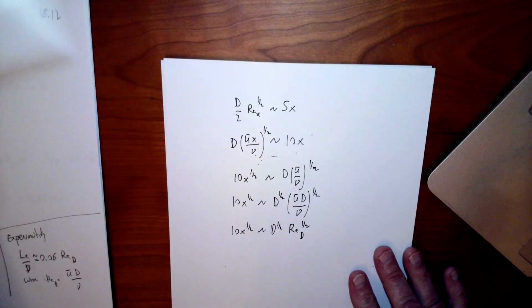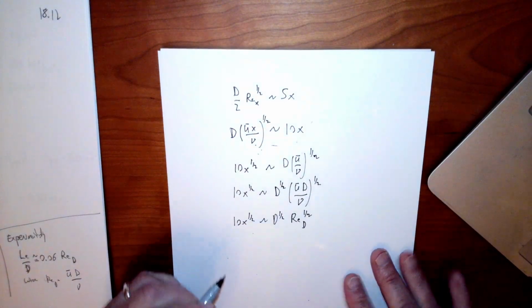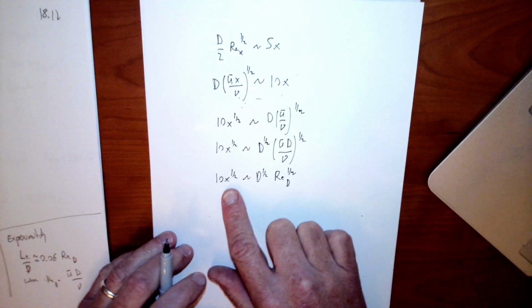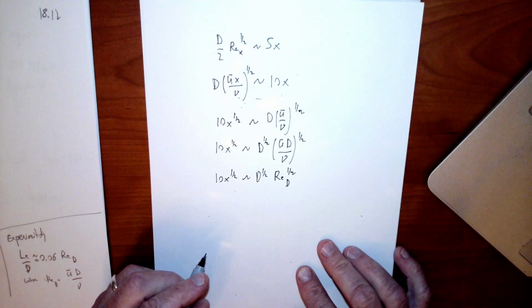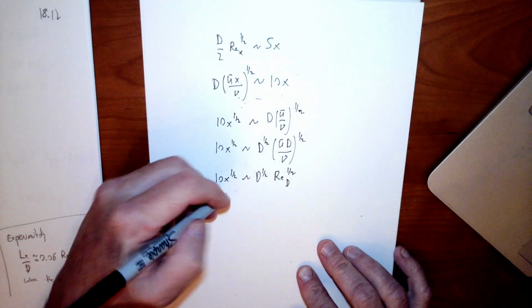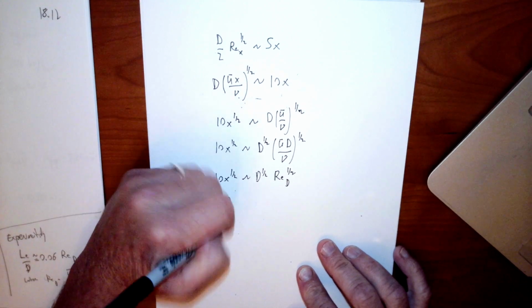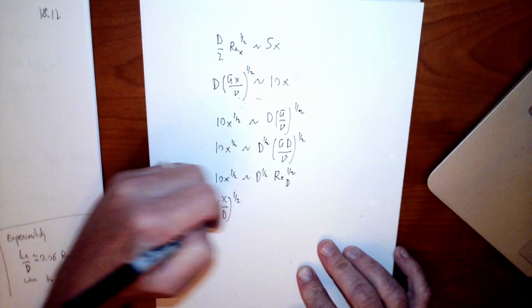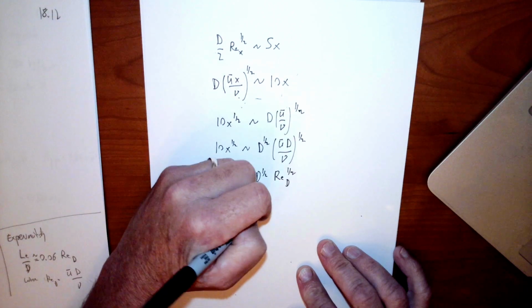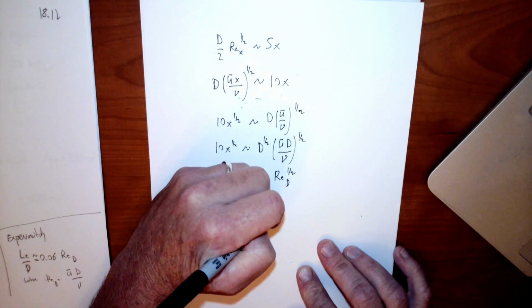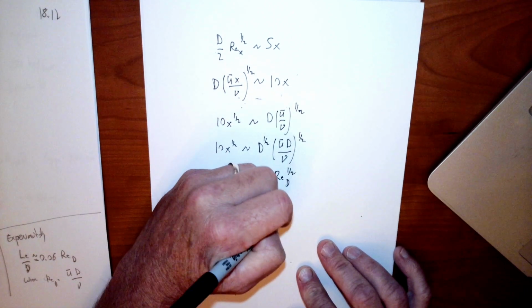Okay, so now I'm going to finally solve for x here. So I'm going to divide by, I'm going to move the d over. So I have x over d to the 1/2, and I move the 10 over there. So I have 1/10 times Reynolds number based on d to the 1/2.